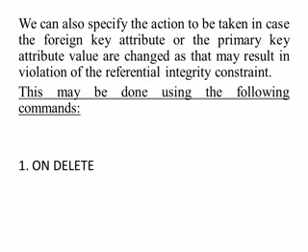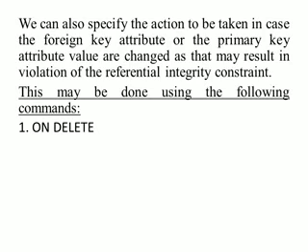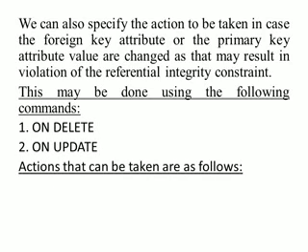There are two commands: the on delete and on update commands. On delete and on update commands are used to take some particular actions. So what are the actions that are performed using these two commands? The first action is to set the value to null, that is set null.